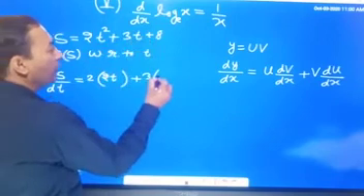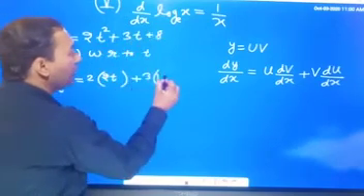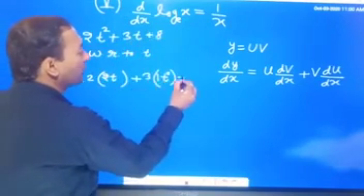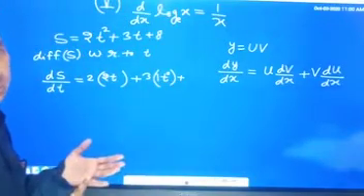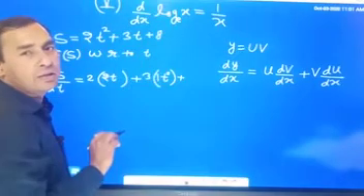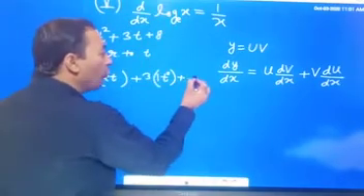Here t has power 1, and 1 minus 1 is 0. Plus 8: there is no term of t, so 8 is a constant quantity, and the differentiation of 8 is 0.